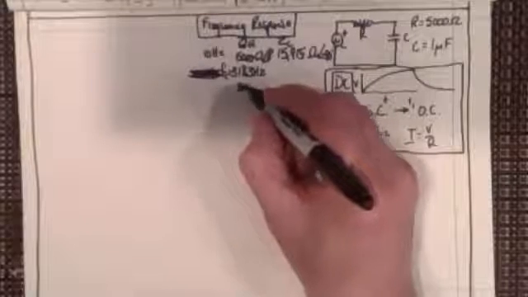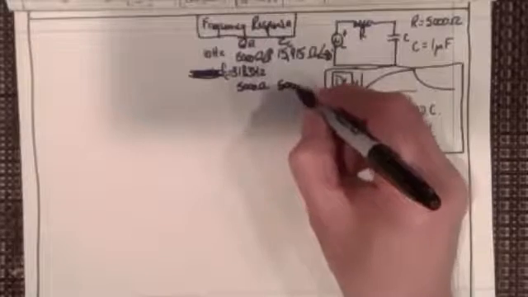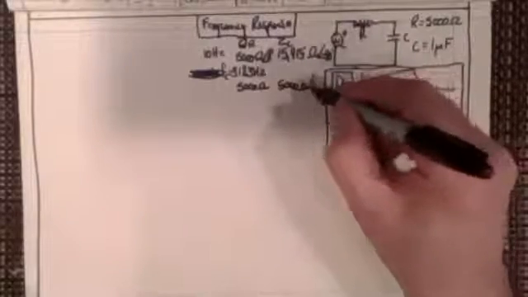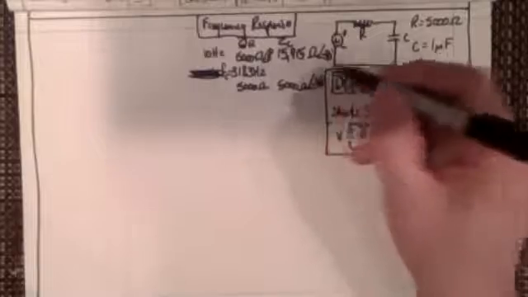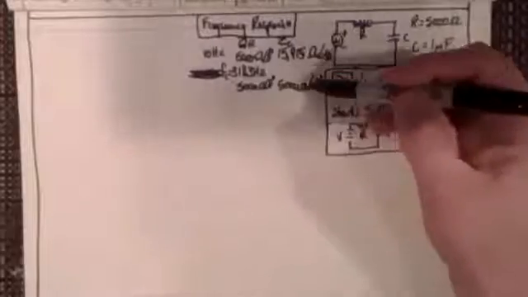And at 318.3 hertz, we have 5,000 ohms for our resistor and 5,000 ohms for our capacitor. Of course, this is still at minus 90 degrees and this still at 0 degrees. So that was where we were even.